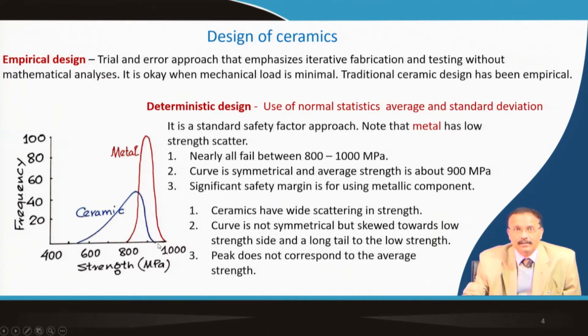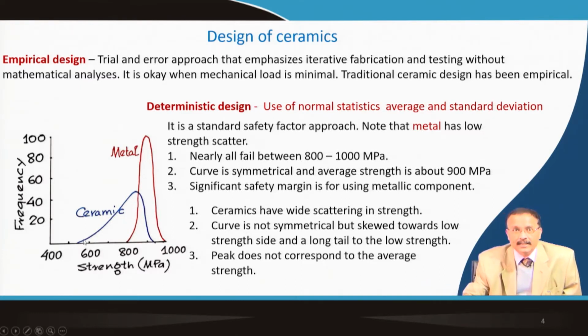Average strength will be about 900 megapascal, and if your application requires something like 700 megapascal, you have a wide margin of reliability. So, a metal part does not have any problem because of this very narrow kind of strength distribution across a large number of samples.